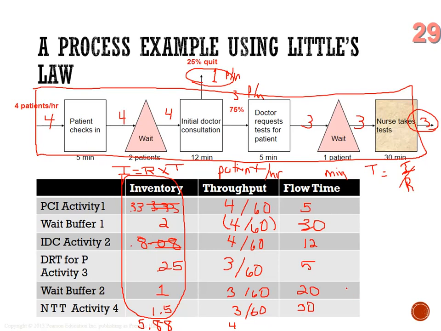Yes. Okay. So then, if I wanted to get my flow time, can I just sum these up? It should be a big no. Okay? But if I have 5.88 as my average inventory and 4 patients per hour as my throughput, I can then take 5.88 times 60 divided by 4. Would somebody do that for me?